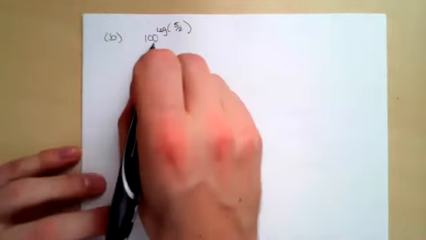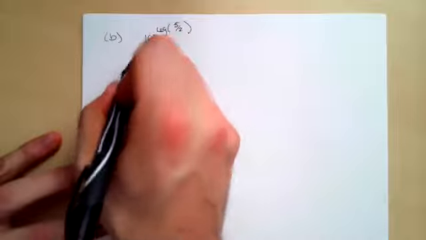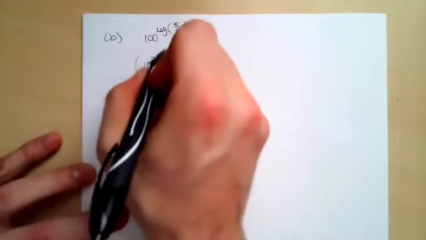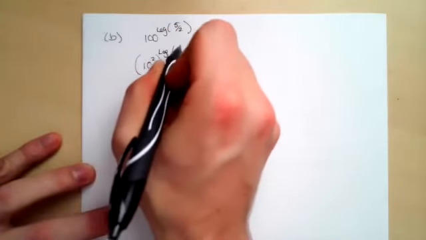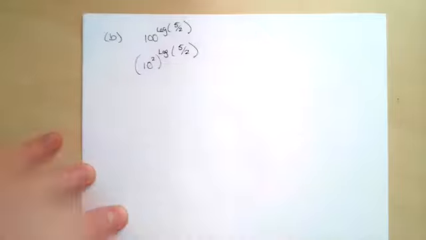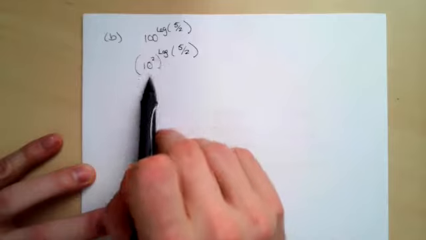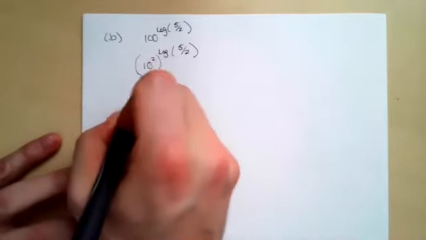So let's see. The first thing we want to do in this problem, since there's no constants that we can play around with, is change the base. And nicely enough, 100 is 10 squared, which is the base of the logarithm. So that's the base we want. And then when I write 100 as 10 squared, we have an exponent to an exponent, which means those multiply.